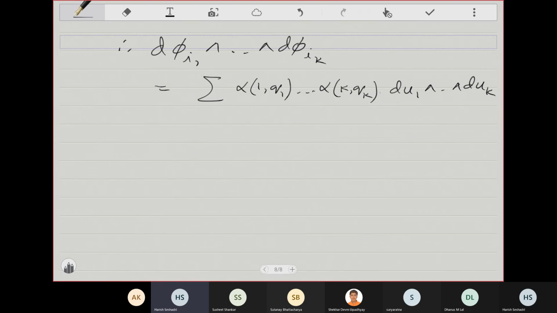I forgot this S q1 through qk. Now, what are these q1, q2, qk? I can make them in increasing order, but I don't care. I just put them as varying independently, 1 to k.